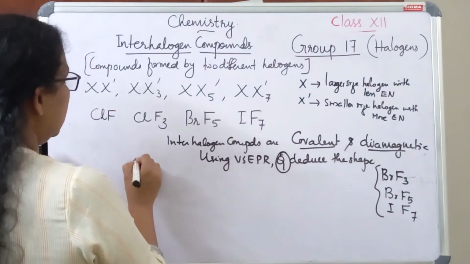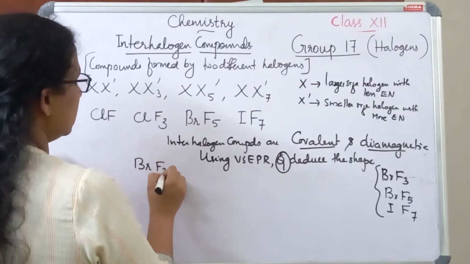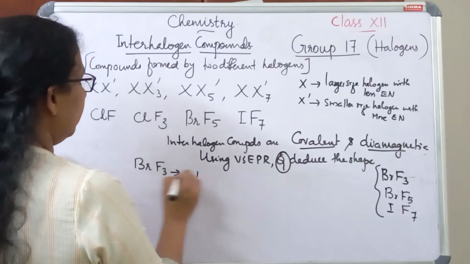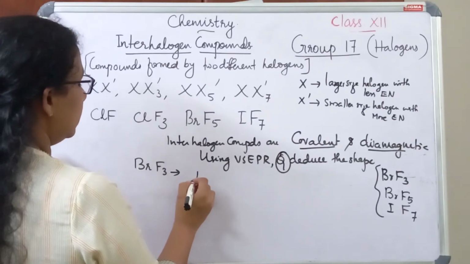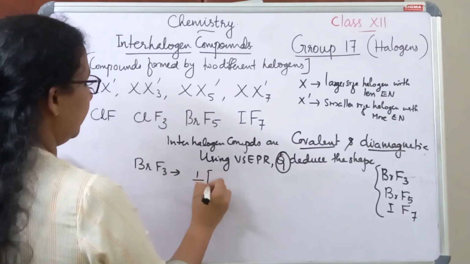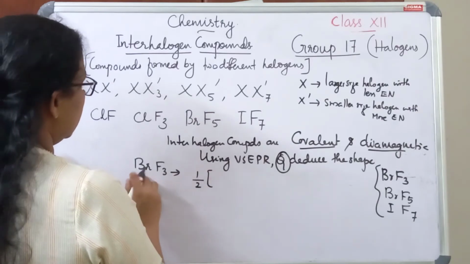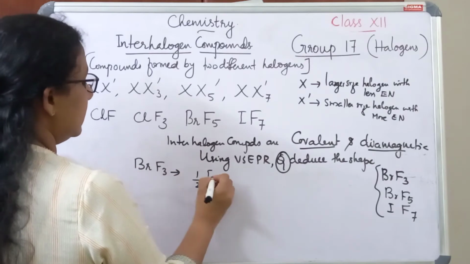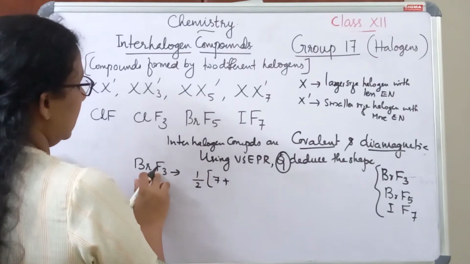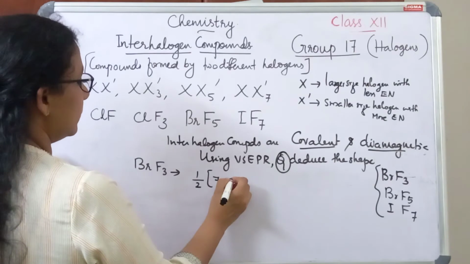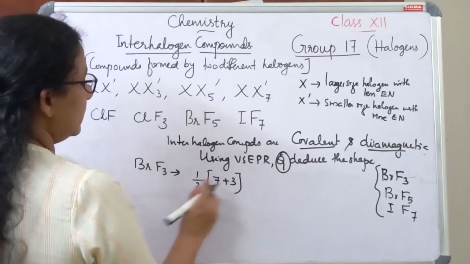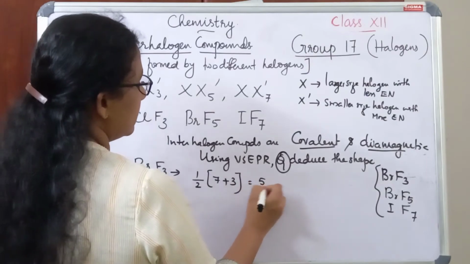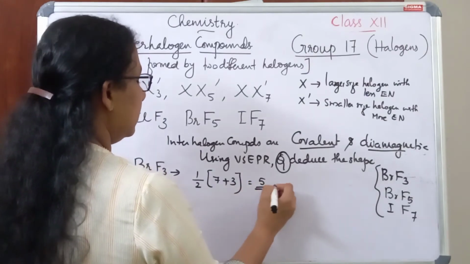So in the case of BrF3, we need to find out the number of bond pairs and lone pairs. For that it will be half into outer shell electrons in Br, that is 7, plus 3 atoms attached with bromine. So it will be half into 7 plus 3, that is 5.